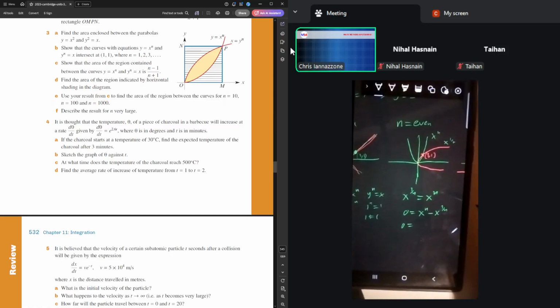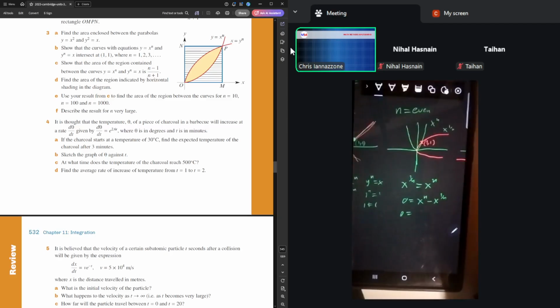So for that, the most you can take out is x to the power of 1/n. Let me think about this, because that's going to get us something minus 1.